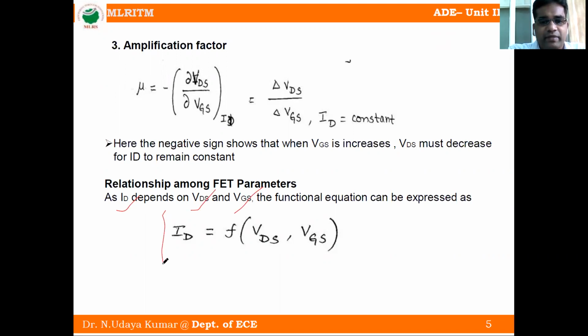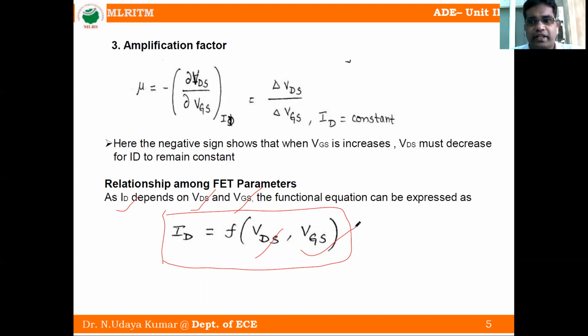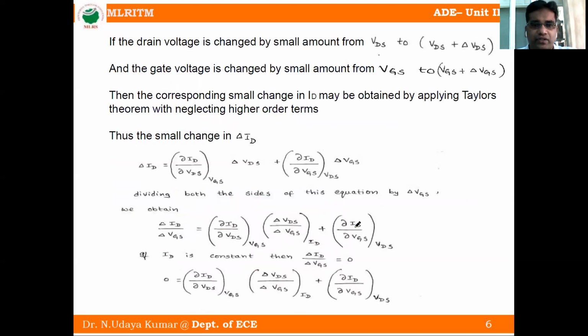So the drain current is a function of the drain voltage and gate voltage. This is the relationship among FET parameters.